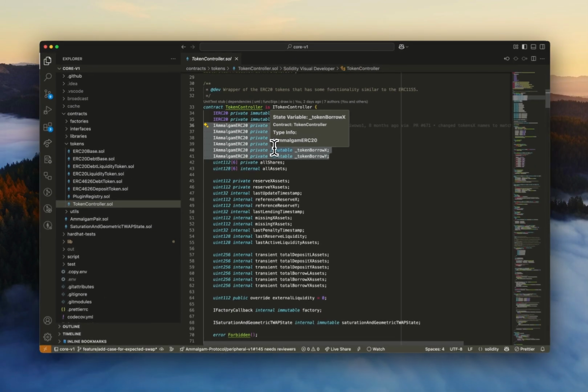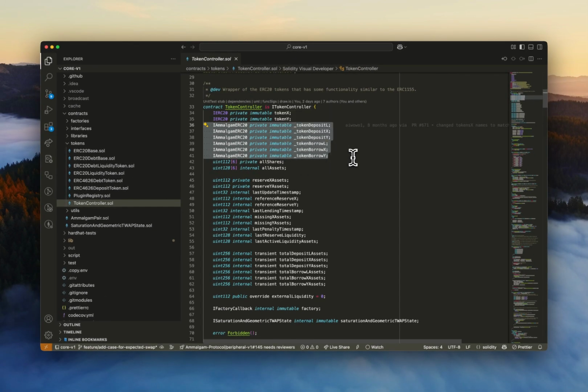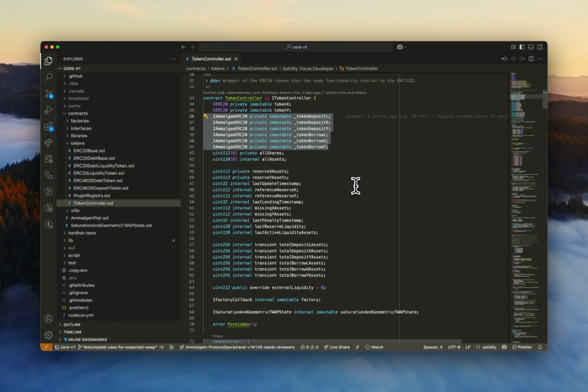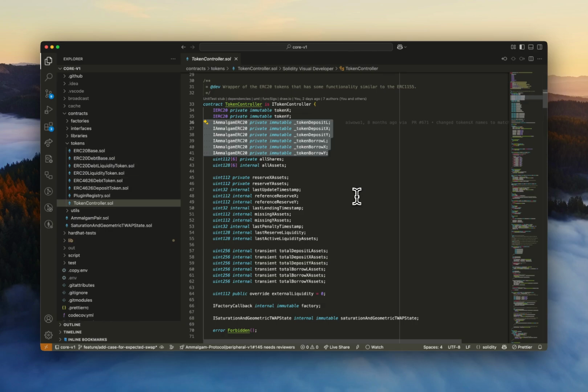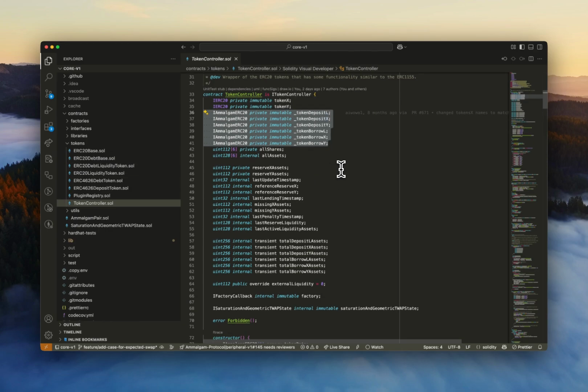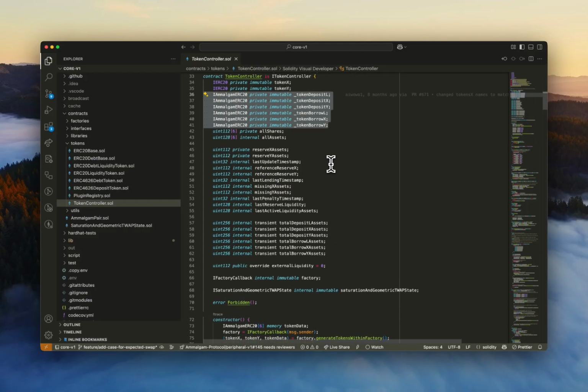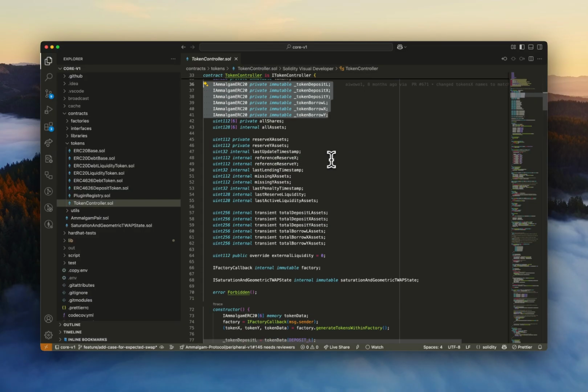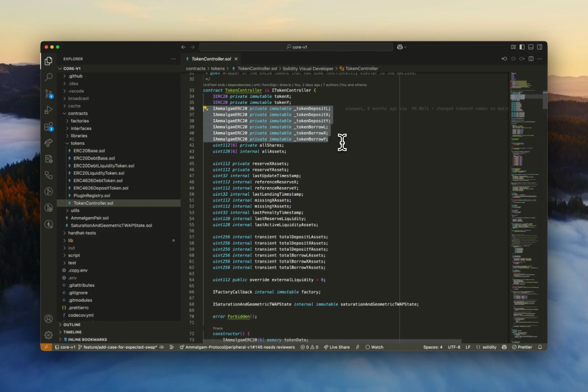We chose ERC20s instead of doing something 1155 like because, well, at the time I just don't really like the 1155 interface, and I thought having 6 tokens was better than having the convenience of having it all in one contract. And we wouldn't have been able to fit the 1155 anyway, so we'd have to figure out something else. But anyway, nonetheless, there's 6 tokens in here.